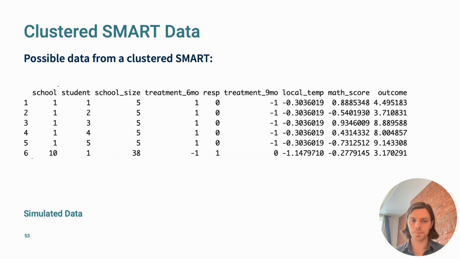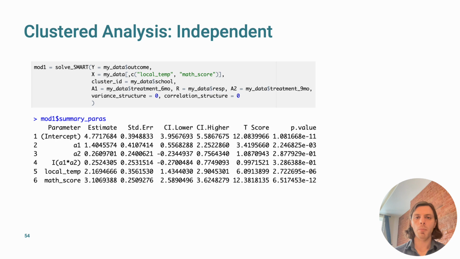So to run a clustered analysis, you would use the following code using the solve smart function. This analysis is assuming an independent correlation structure. So first you specify y, which is your outcome variable. Then x is your baseline covariates of temperature and math score.